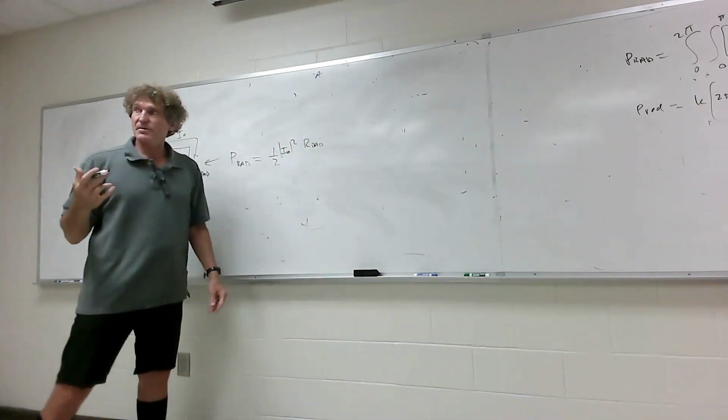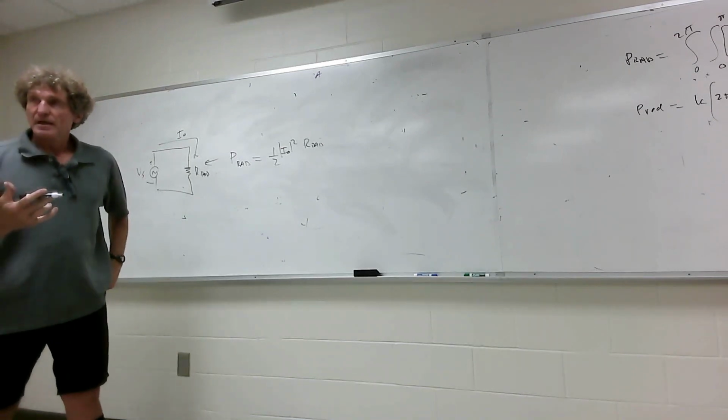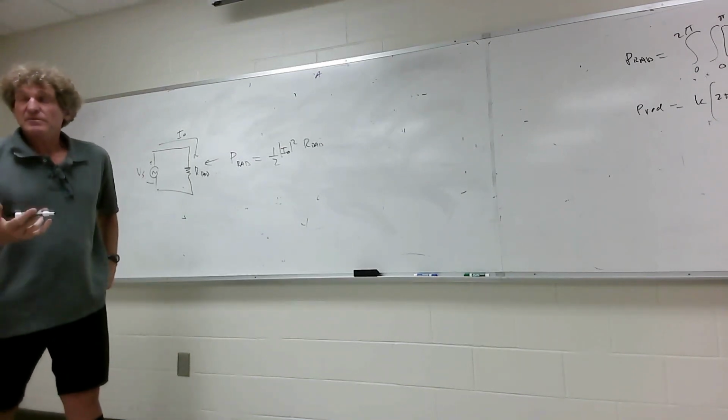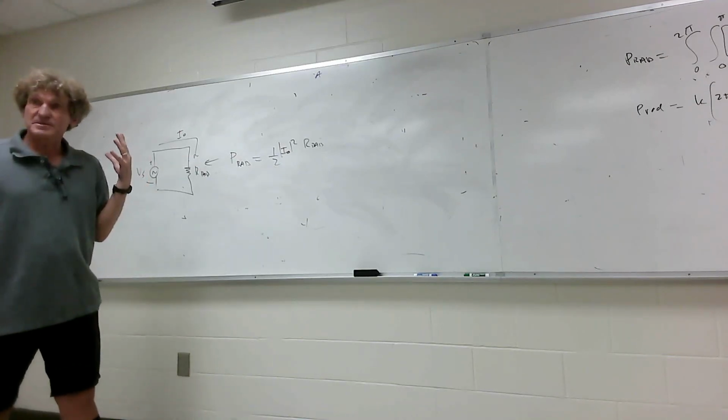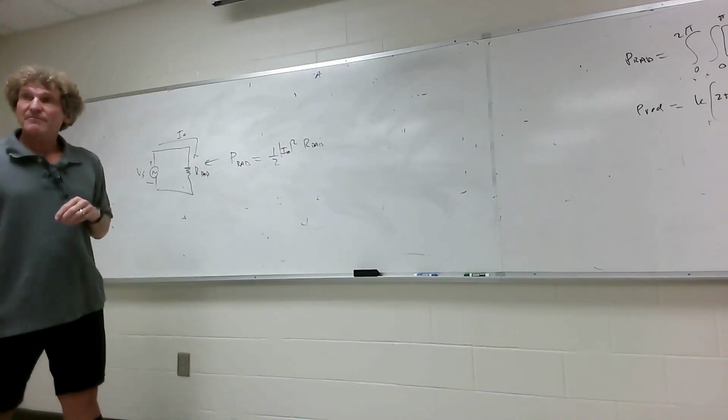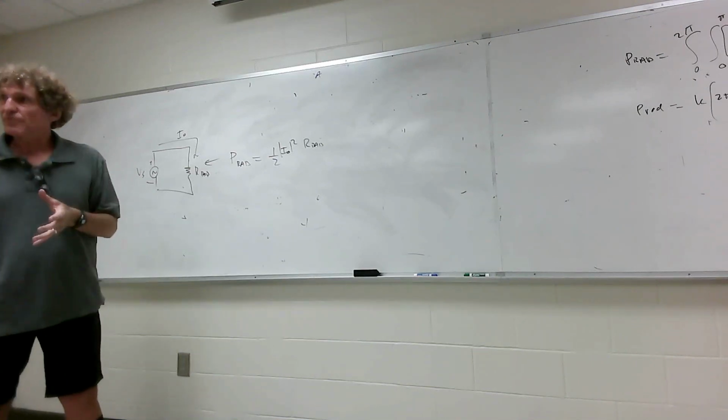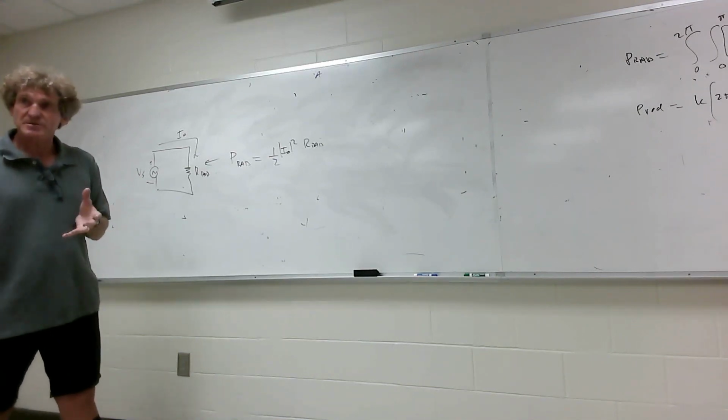Do you agree with that, everyone? If it was dissipated, it would be 1/2 I squared R. It's a standard formula you're very familiar with from circuits, hopefully.